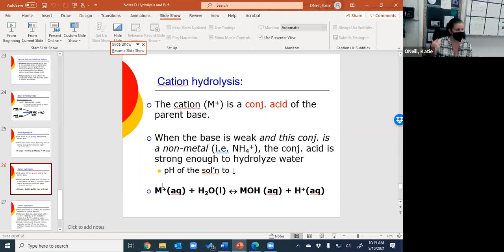And since this time the hydrogen's picked out, you're going to get the acidic pH. So weak base, strong conjugate acid, hydrolyzes water, and you get acidic solution in the end.